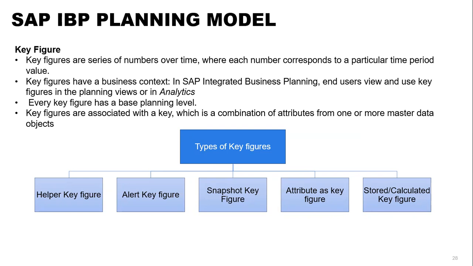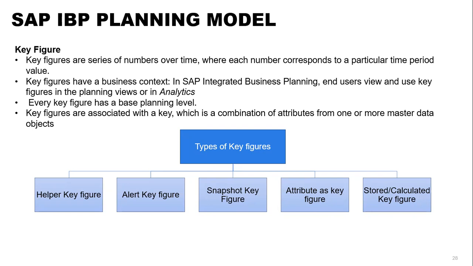So that will be used as an attribute as a key figure, so that it will be used in our planning and calculation purposes. For example, in inventory, we have an attribute called target service level. Okay, the service level at which you are able to fulfill the customer's demand. So target service level is an attribute of one master data that is called demand stream.